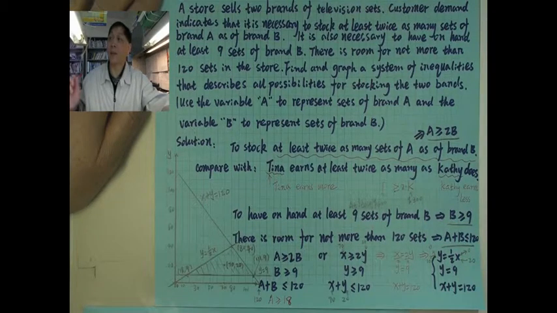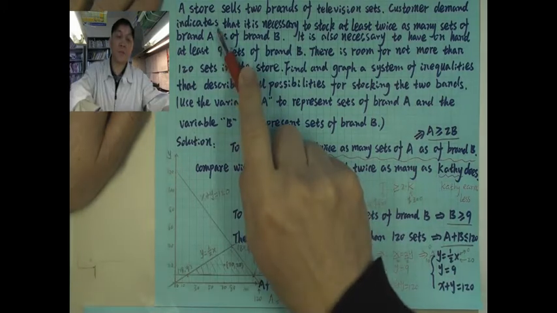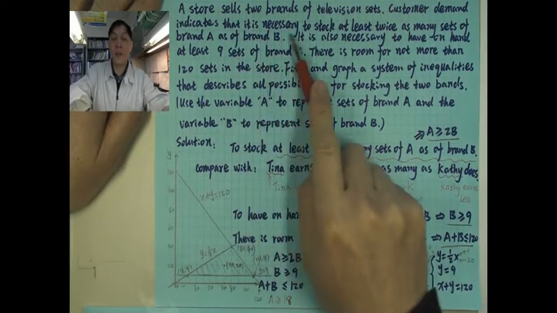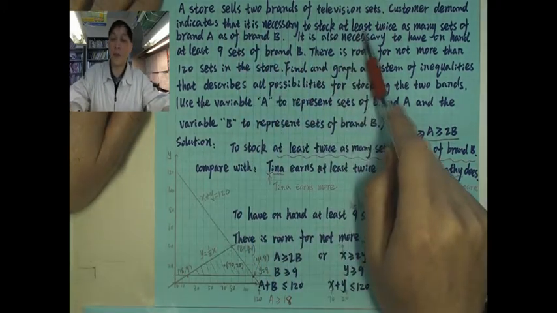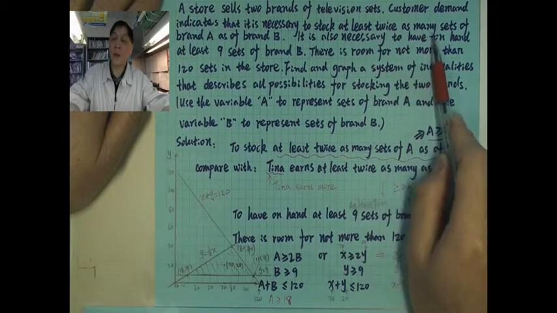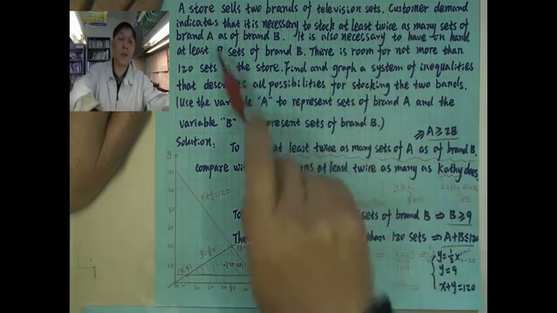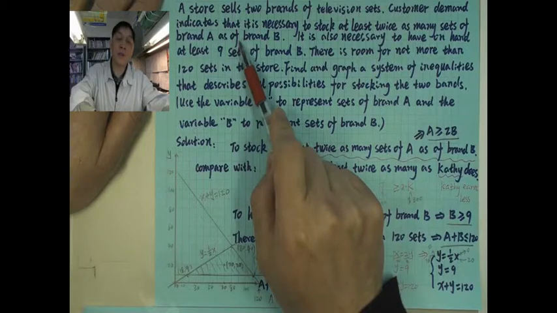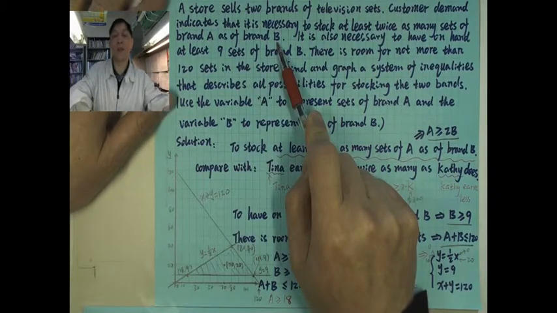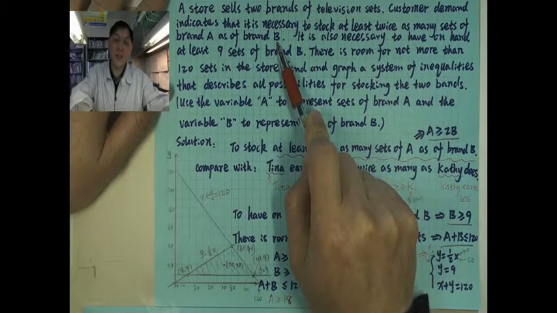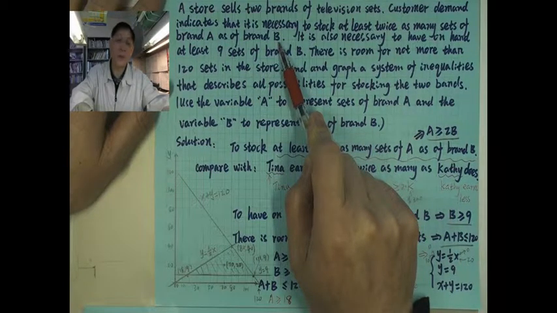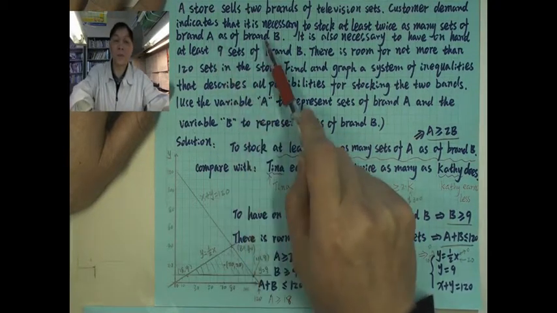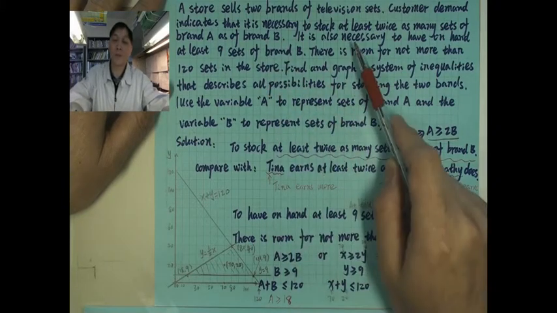Customer demand indicates that it is necessary to stock at least twice as many sets of brand A as of brand B. That's the first sentence about the amount of quantity between brand A and brand B.